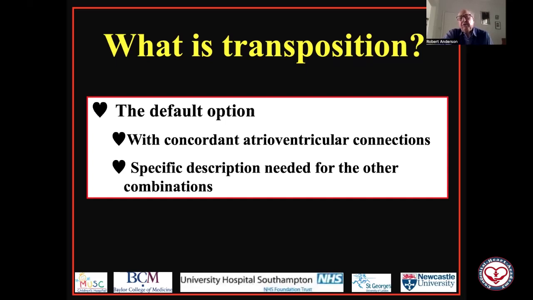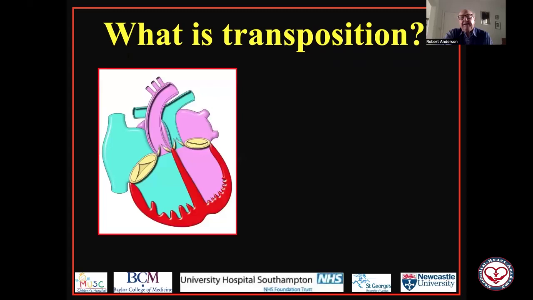So now let's look in a little more detail at our default option. Because what we are talking about in most instances is the blood going from the morphologically right atrium through the tricuspid valve into the morphologically right ventricle, and then out the aorta. So we have the circulations in parallel rather than in series, because the blood going out of the aorta is going to come back to the morphologically right atrium.